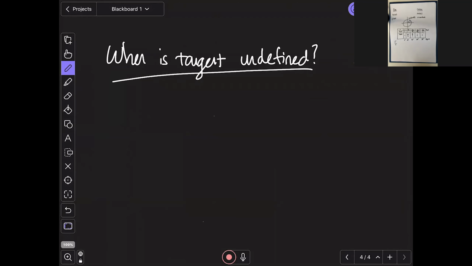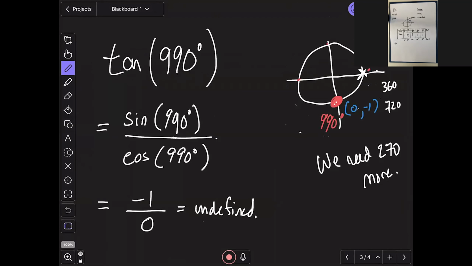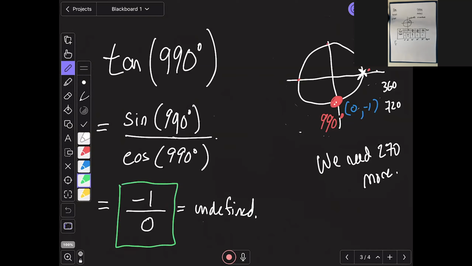If we go back one slide, specifically what happened to make this thing undefined? It's in the negative axis. So if I come down here and think about these two parts, is the negative 1 making it undefined, or is the 0 making it undefined? 0.